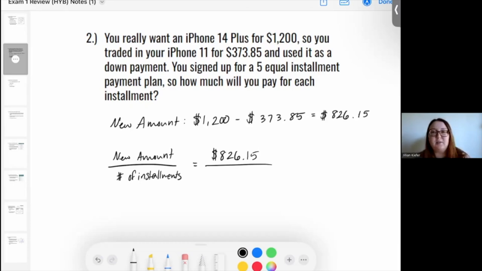Since it's equal, I don't really need to worry about any one of them being more than another. So equal, so divide by 5. So I plug that into my calculator, and I should get the value of $165.23 per installment.